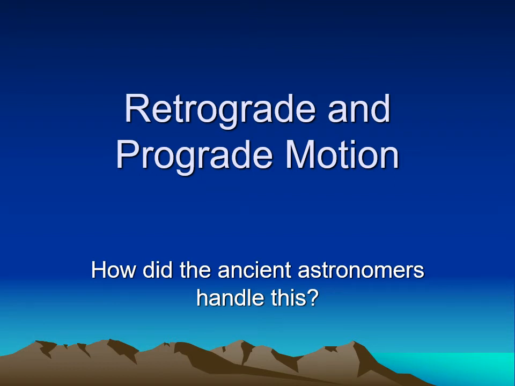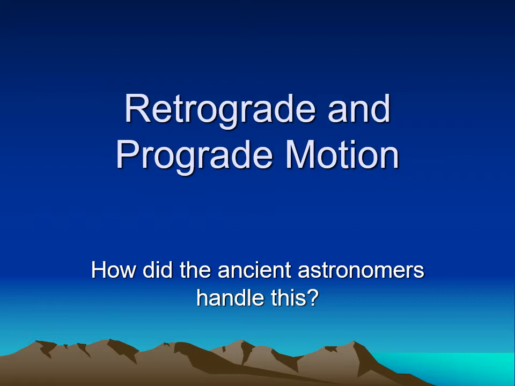In our discussions of ancient astronomers, one of the big problems that they dealt with was the motion of the planets. Chapter 3 of the book gives us some of the ways they figured out the calendar, and gives us some of the ideas they figured out about the size and shape of the Earth.